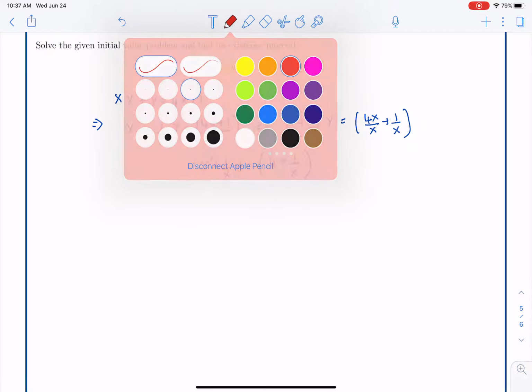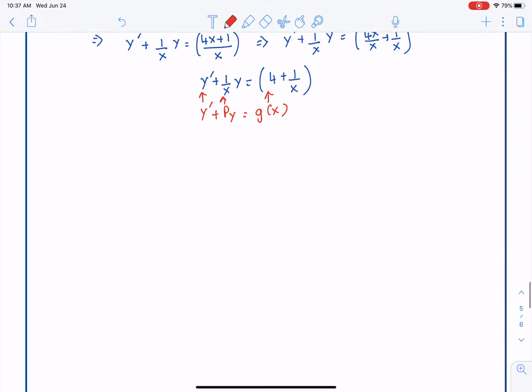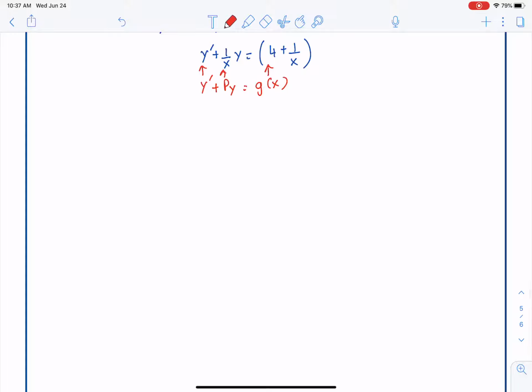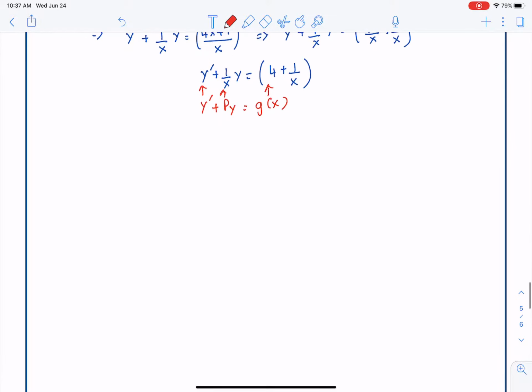Now that fits right into the form that we had in our derivation. Y prime, p, and g of x. So p is 1 over x, and g of x is equal to 4 plus 1 over x.